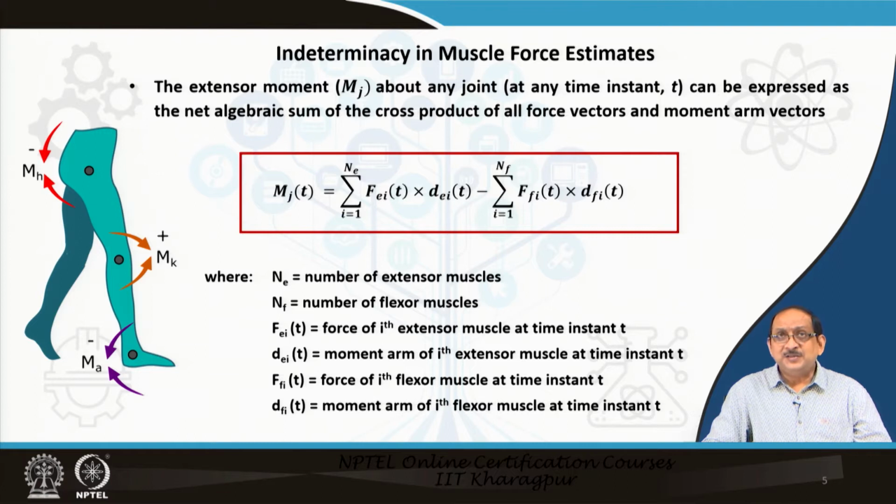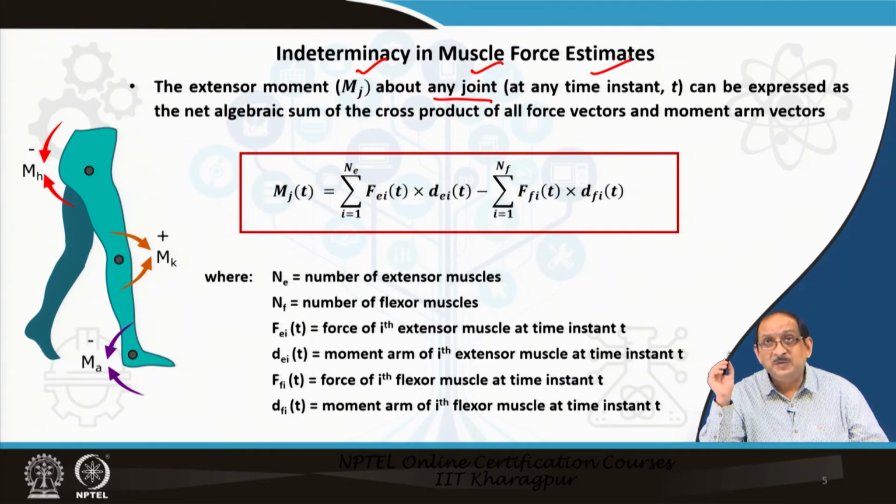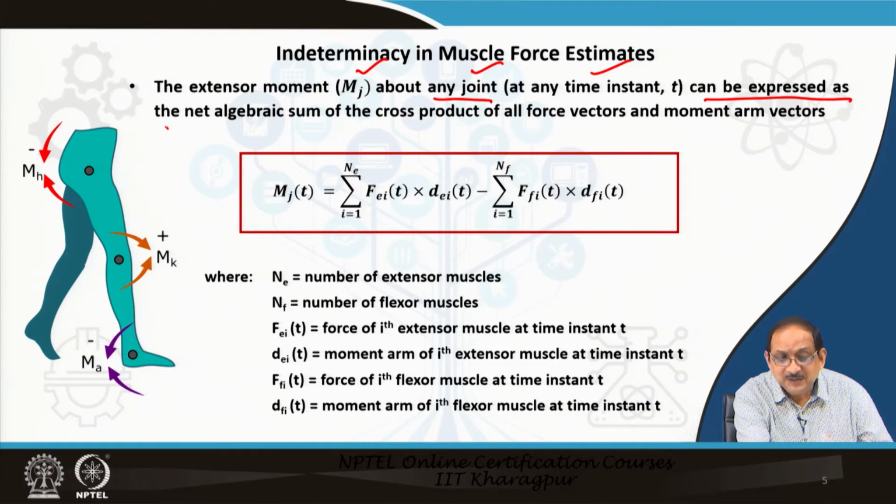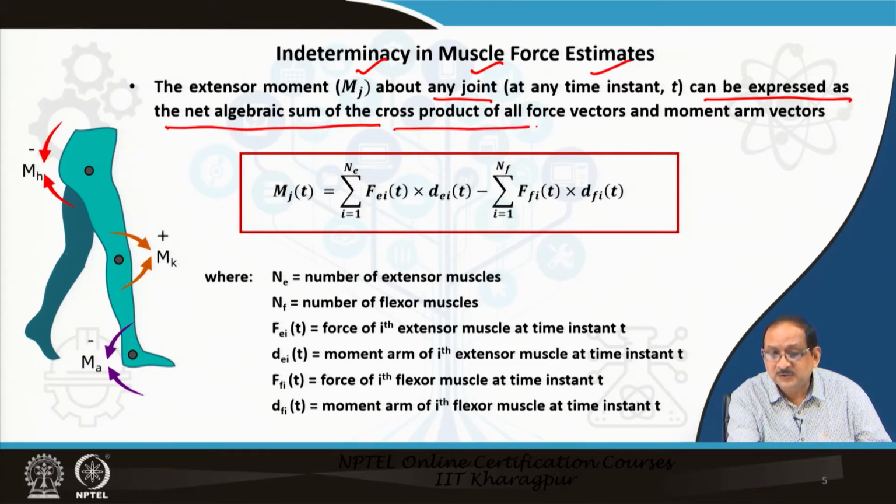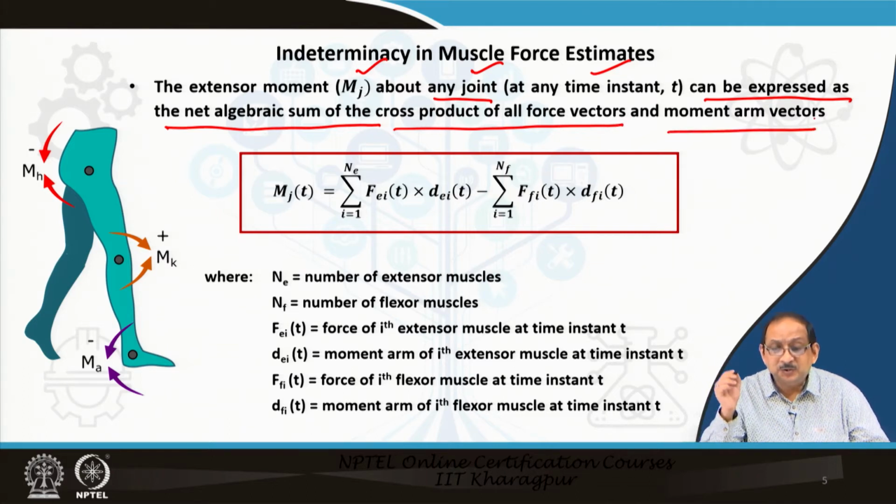Now, the extensor moment Mj about any joint at any time instant t can be expressed as the net algebraic sum of the cross products of all the force vectors and the moment arm vectors. This is mathematically represented in this equation.